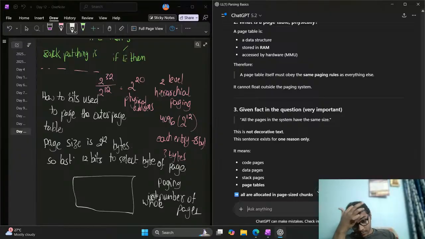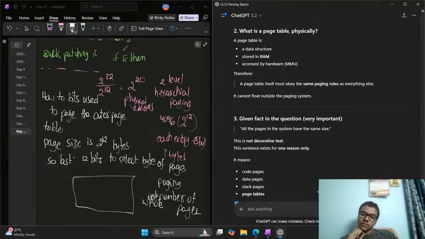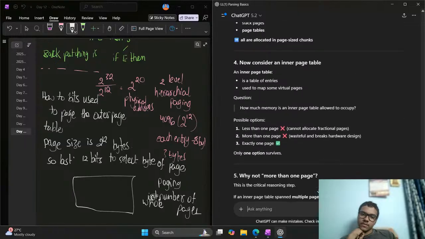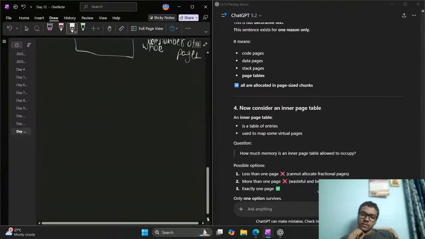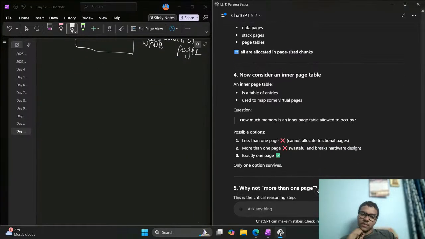All page tables are the same size. This is not decorative text. This sentence exists for one reason only. Code pages, data pages, stack pages. Wait. Page tables are all allocated in page-sized chunks. And another page table is a table of entries.